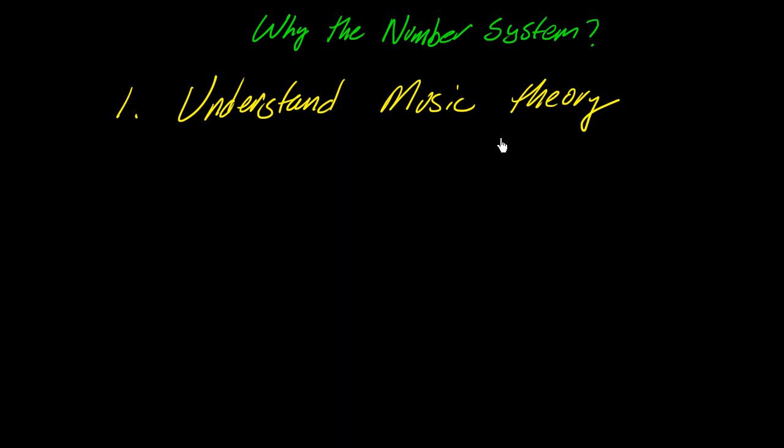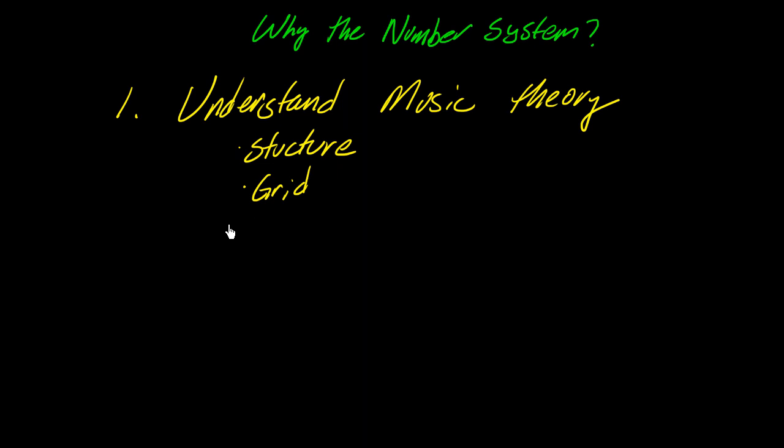But another way is to learn the number system, because what the number system does is it gives you structure, so that you can organize all these notes that are kind of all over the place, and it puts it into like a mental grid so that you can organize, and there's some kind of divisions from note to note.